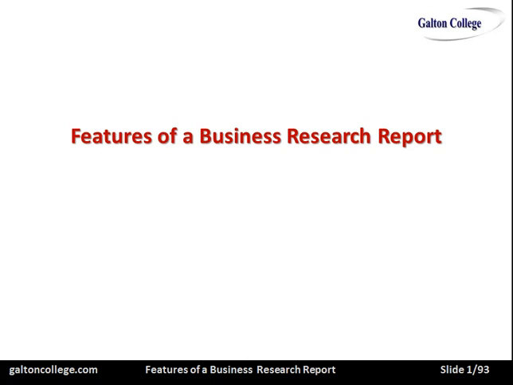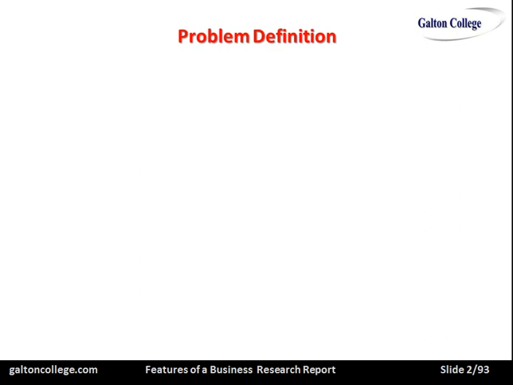In this class we're going to look at features of a business research report. We're going to start by looking at problem definition. Now you'll see from the headings in this whole series of slides that the headings tend to overlap with previous videos and other videos in the series.